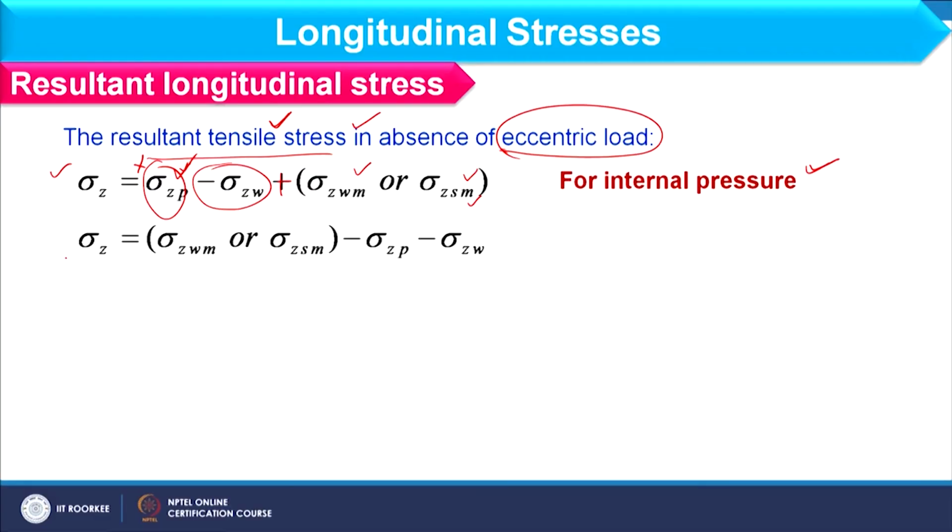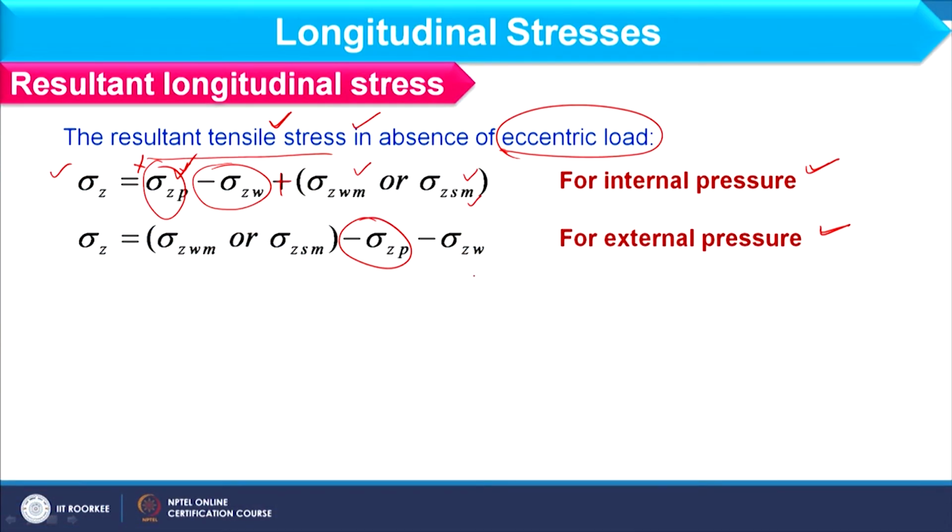Okay. Next, if I am considering external pressure, so what will happen? When I am considering external pressure, it means it will try to push or compress the shell, right. In that case the stress generated due to pressure will be negative, because I am considering tensile, but it will give the compressive stress.